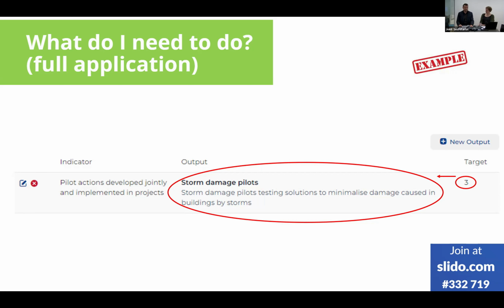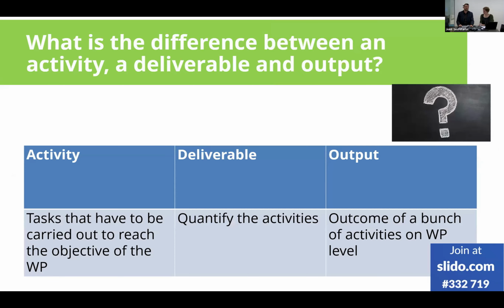Maybe a short summary. Just to sum up what we have talked about so far, there are 3 main elements of a work package. Activity, the tasks that have to be carried out by you, by the project, to reach the work package objective.